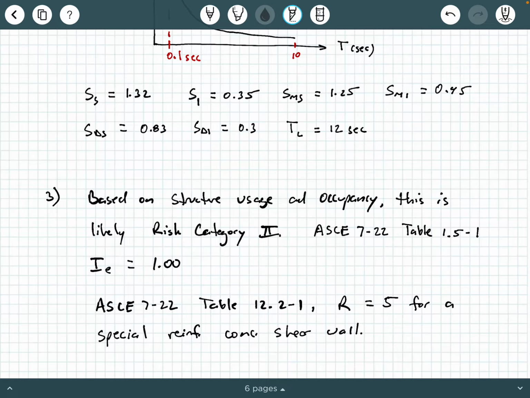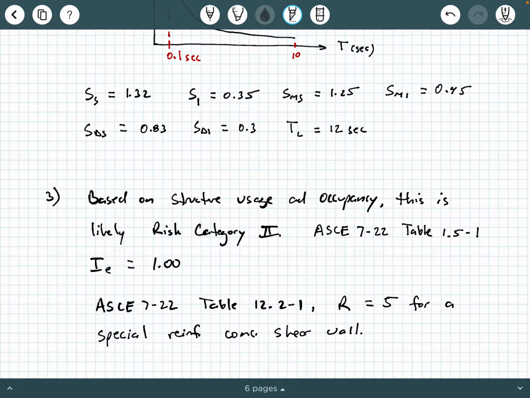Additionally, when you go to chapter 12 of ASCE 7-22, you can get a response modification factor R equals 5, and that's based on having a special reinforced concrete shear wall system. Because you don't know for sure if you have a separate gravity load system, you want to use the bearing wall category, because we're going to assume that our shear wall is also going to act as a bearing wall, so that's going to give us R equals 5.